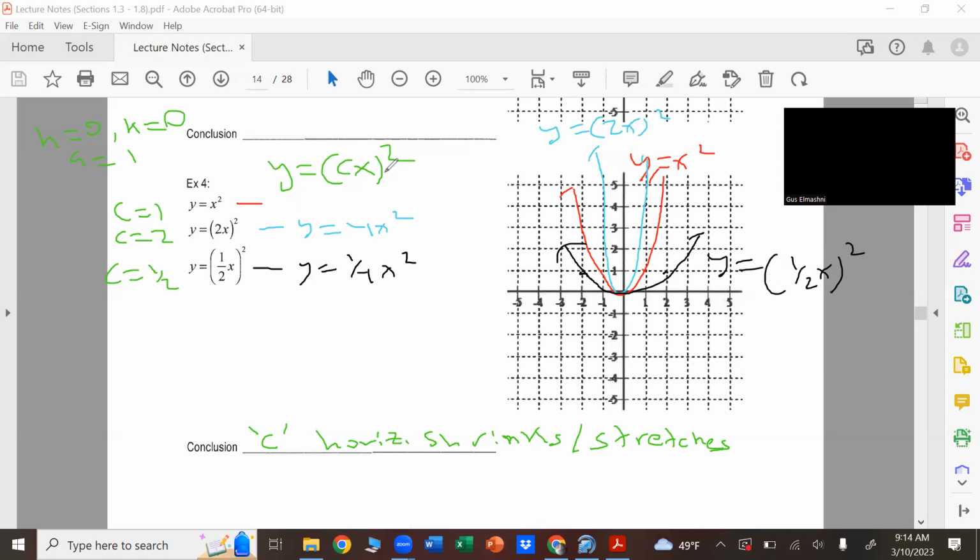Where are you getting the negatives from? No, that's just the color. That's my color scheme. So y equals what? So that's confusing you. y equals x squared. No, the blue. y equals 2x squared, parentheses 2x squared.